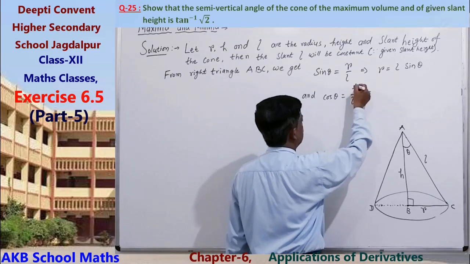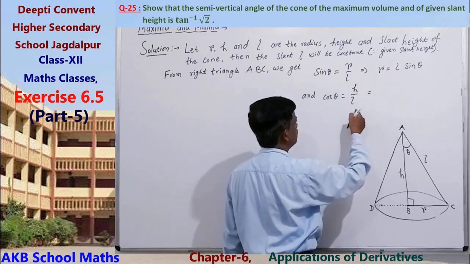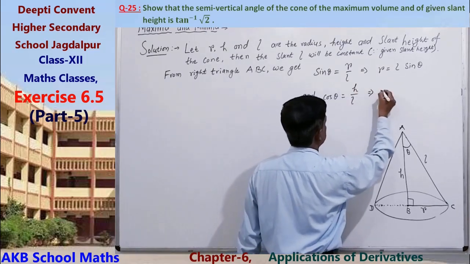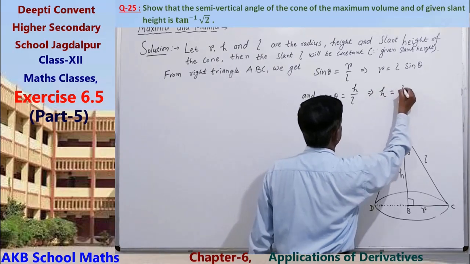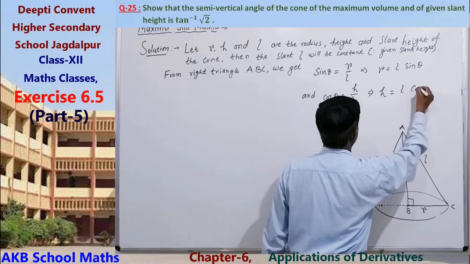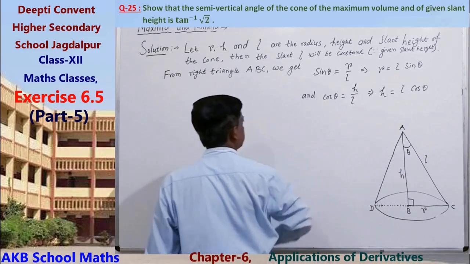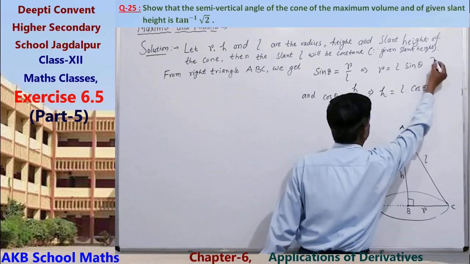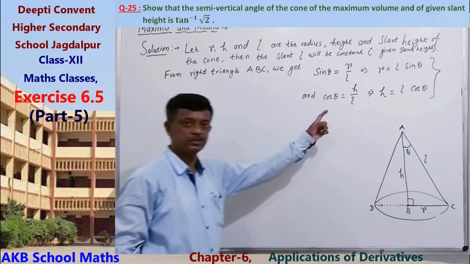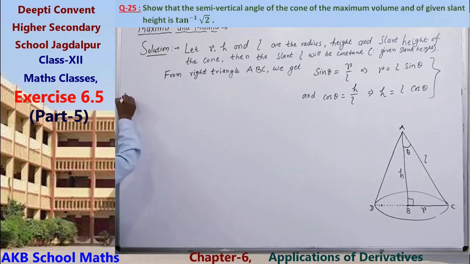So H by L implies H equals L cos theta. Okay. We will use these two values now.